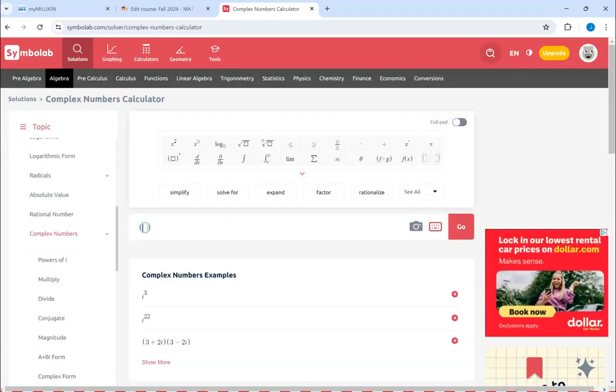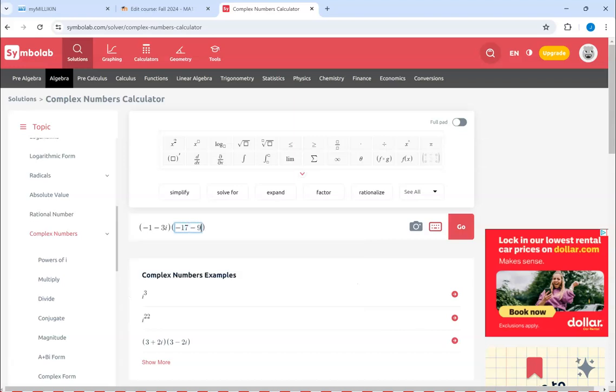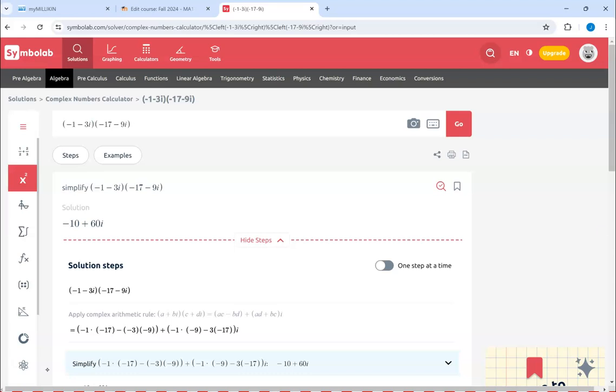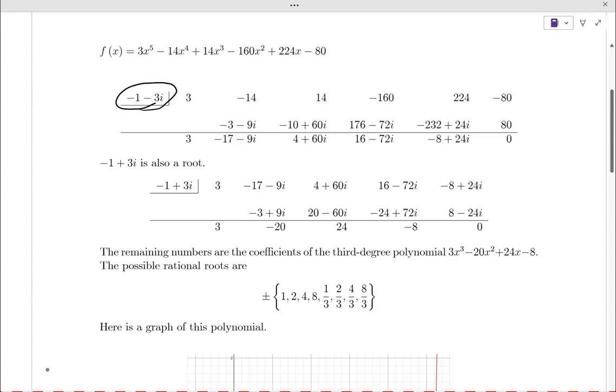So one of the calculations you would have had to do was -1 minus 3i times that -17 minus 9i. And then it does the calculation for you, that -10 plus 60i, which notice was right here. So if you're having trouble with the computations, you can always go to a computational tool and do those.